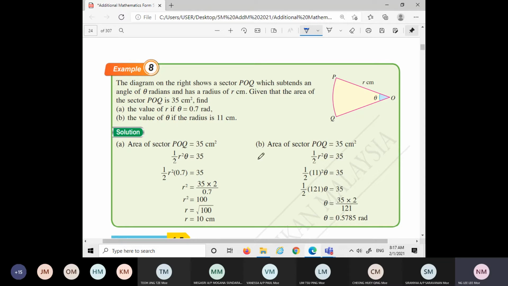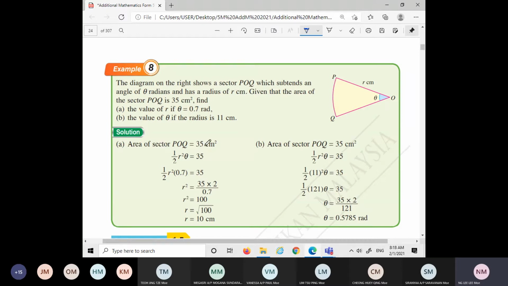Area is given. For A they ask for the radius r, and for B they ask for theta. For A they give the theta, so you just plug in.